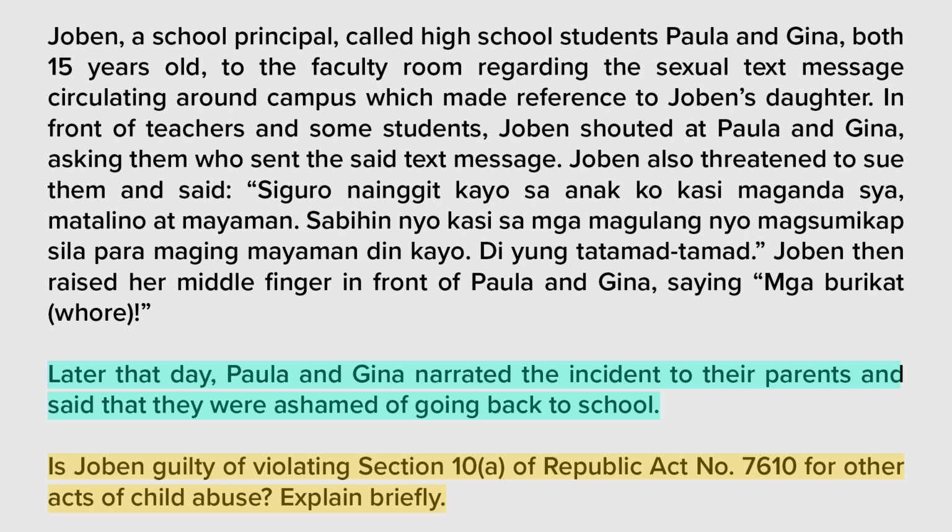Joben, a school principal, called high school students Paula and Gina, both 15 years old, to the faculty room regarding the sexual text message circulating around campus which made reference to Joben's daughter. In front of teachers and some students, Joben shouted at Paula and Gina, asking them who sent the said text message.